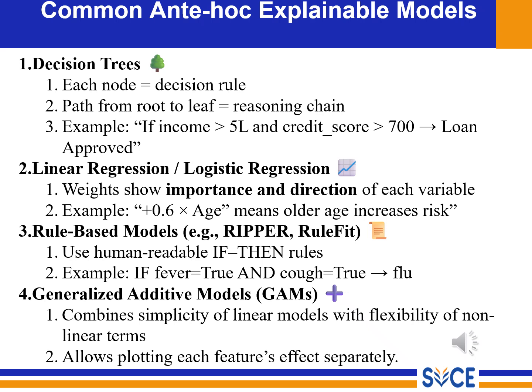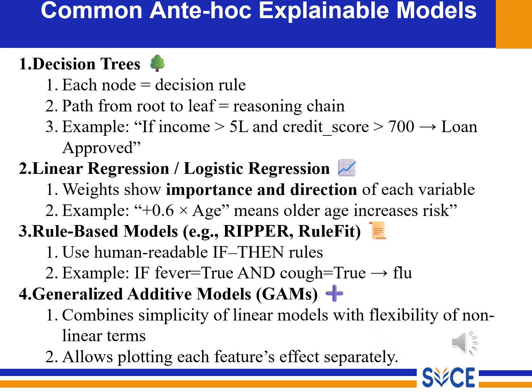Now listen carefully. There are important types of ante-hoc models. The first one is decision trees. The second one is linear regression or logistic regression. The third one is rule-based models. The fourth one is generalized additive models.